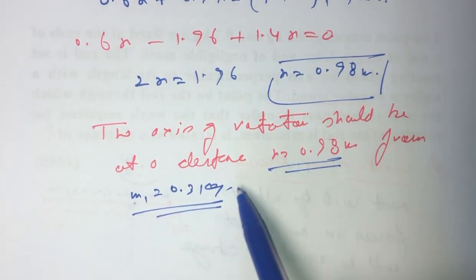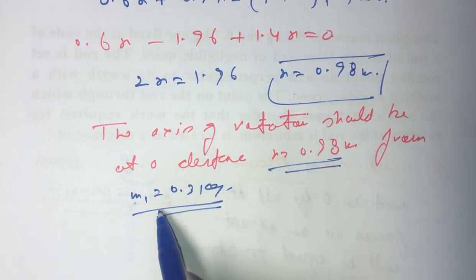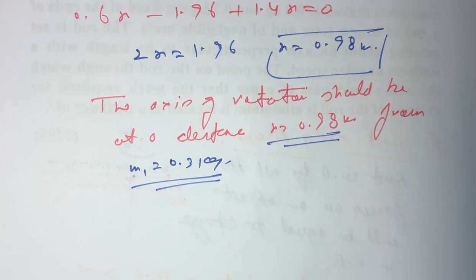So the axis of rotation should be at a distance from mass m1. So this completes the question. Thank you.